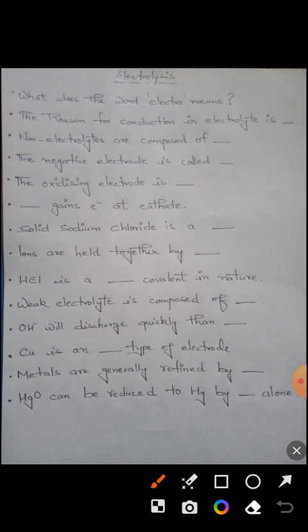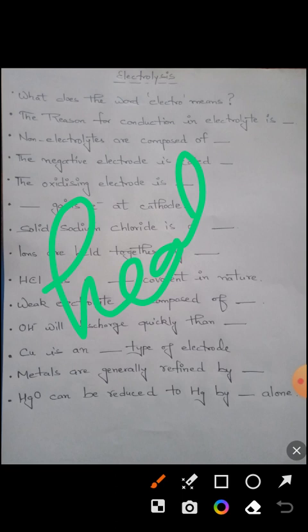Your mercury, silver, all these come under least electropositive, and for them heat alone is sufficient. So HgO can be reduced to Hg by heat alone. If you just give them heat, they will get separated from their oxide.